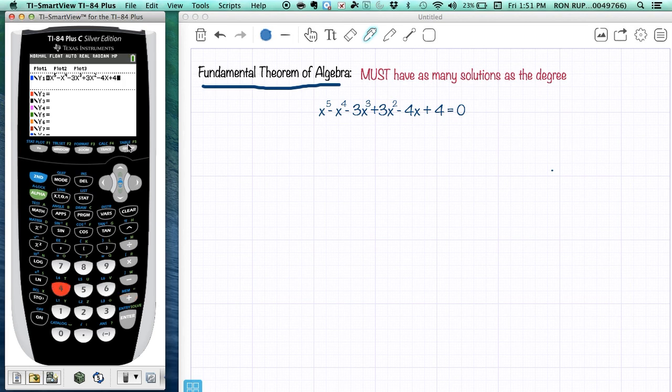And we're going to graph this. What we're looking for are real solutions, so x-intercepts.